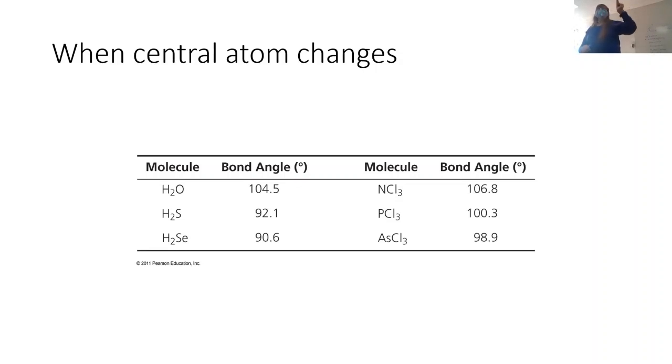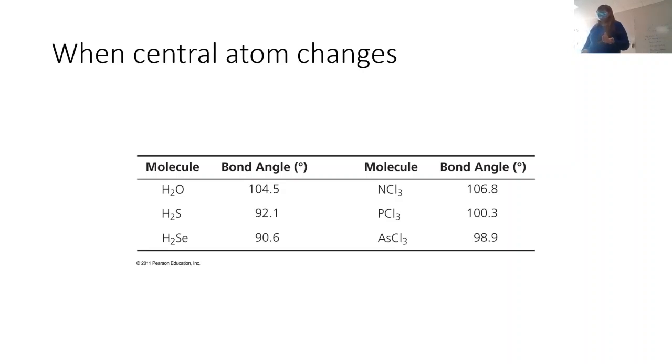Well, we're noticing the same thing here. For water and nitrogen trichloride, we're still within a few degrees of that 109. But when we change the central atom to the next row down, we go way down. And then next row down, we go even further down into a smaller angle. So we get smaller and smaller angles as we go down.